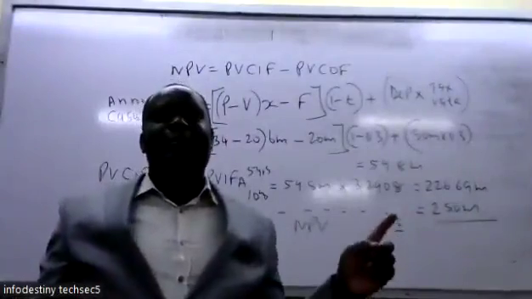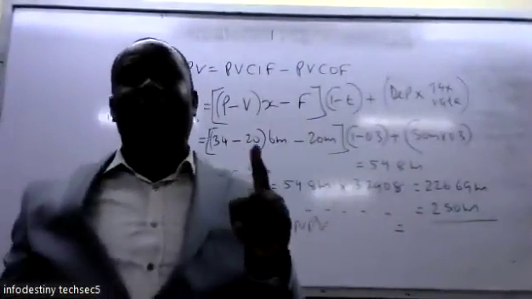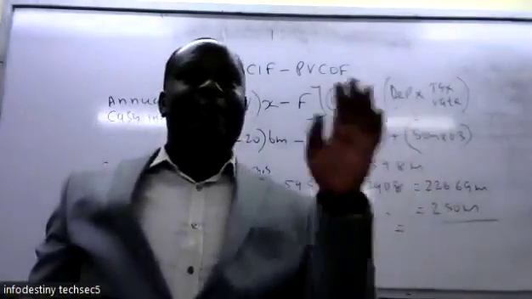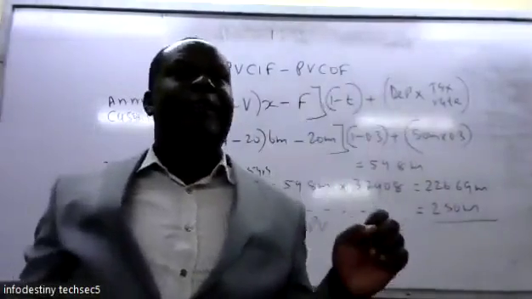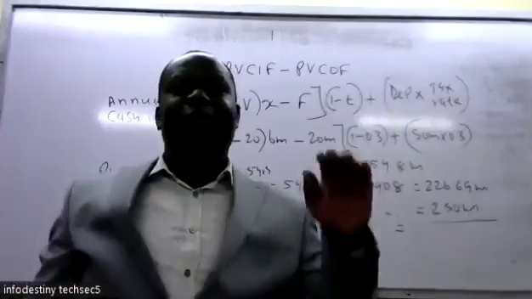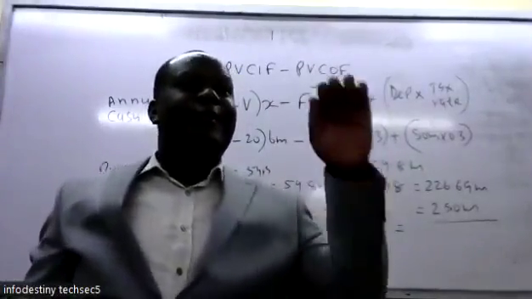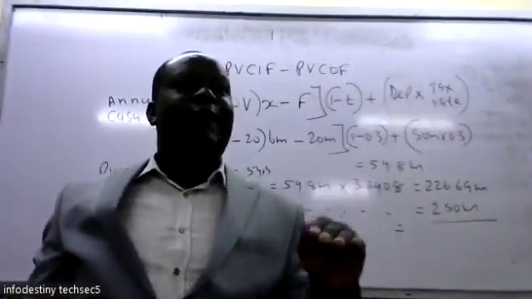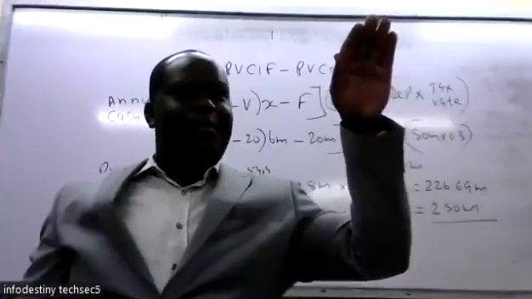Sales revenue, subtract variable cost, and you get the contribution there. Subtract the fixed cost, and you get earnings before depreciation and the tax. Then you minus depreciation to get earnings before the tax. Then you subtract the tax to get the earnings after the tax. But you add back depreciation.